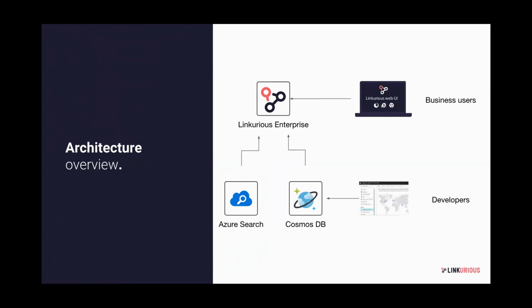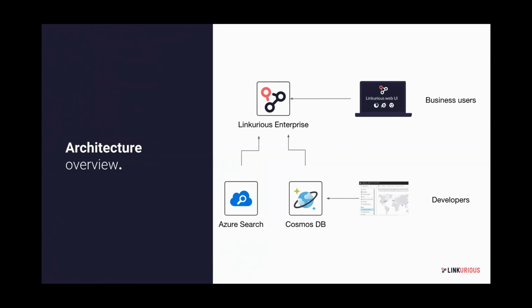So here is a bit of an architecture overview that explains how this setup works. You can store your data on Cosmos DB and also use Azure Search to provide full text search capabilities.